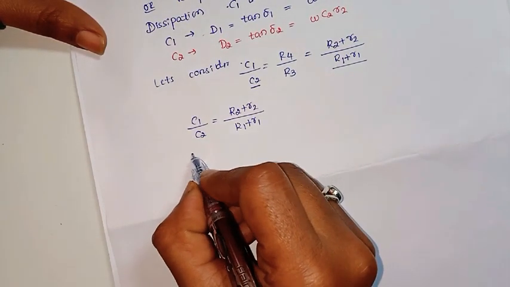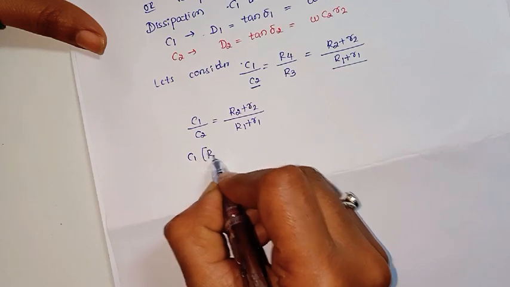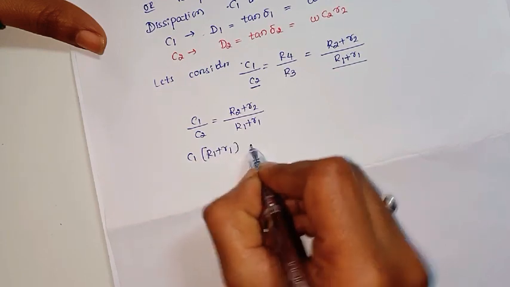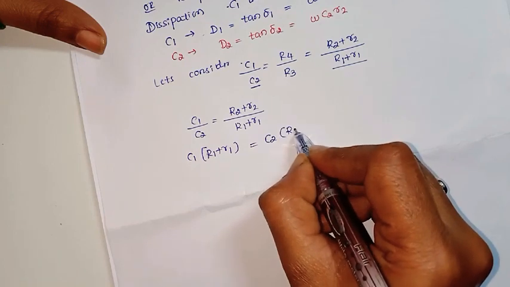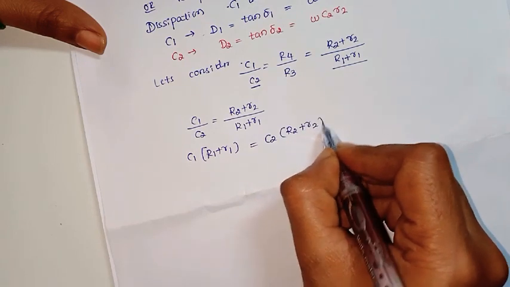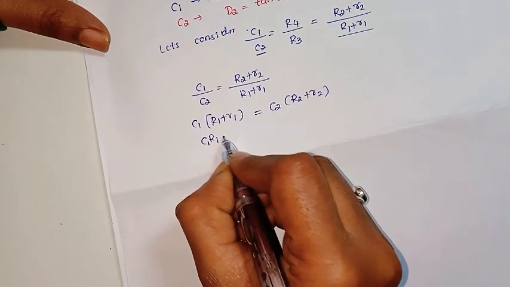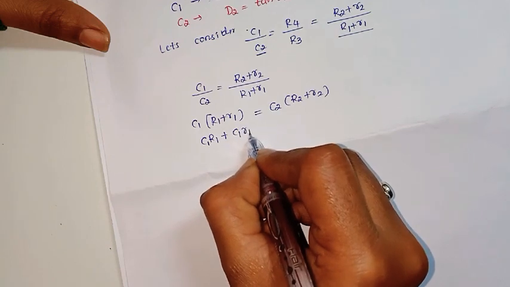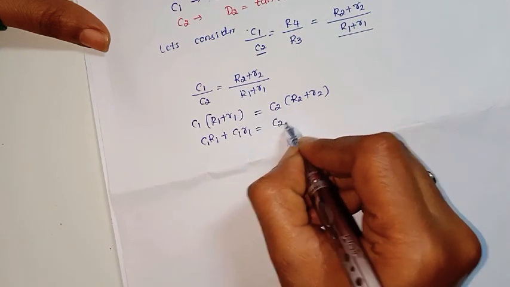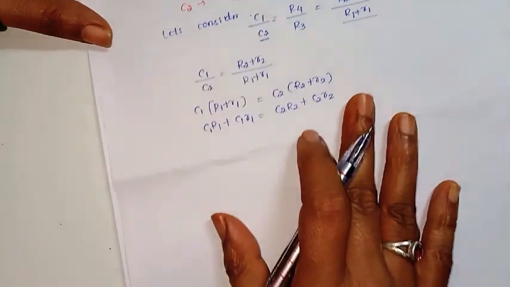Now by cross multiplying, we will get C1 into the bracket R1 plus small r1 equals C2 into capital R2 plus small r2. Now C1 R1 plus C1 small r1 equals C2 R2 plus C2 small r2.